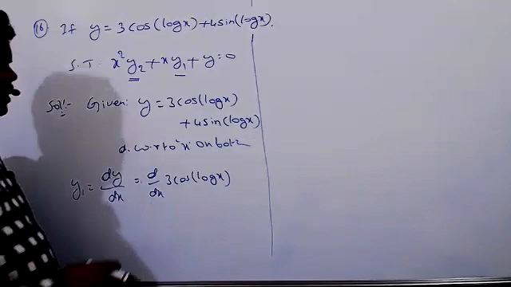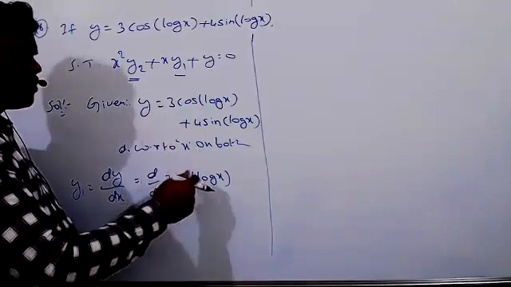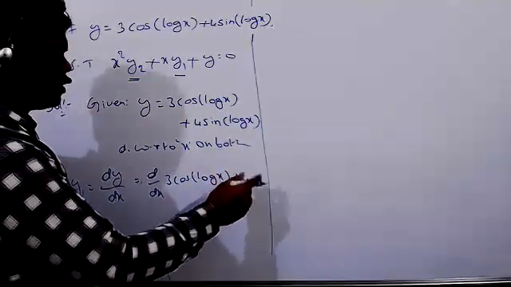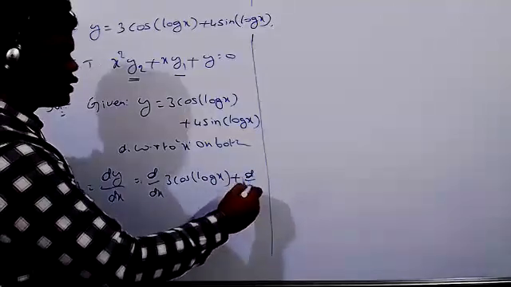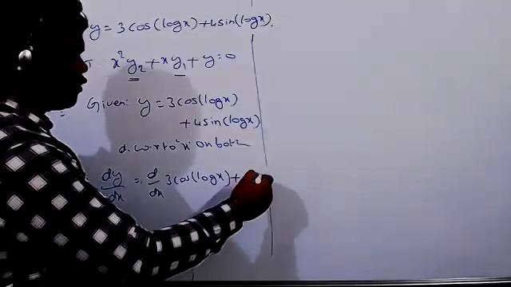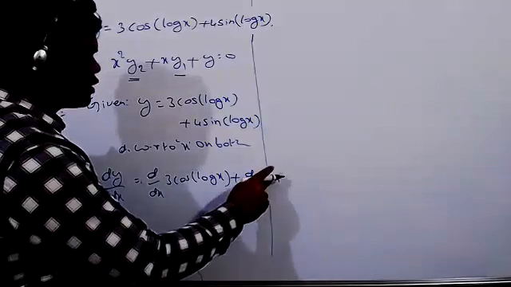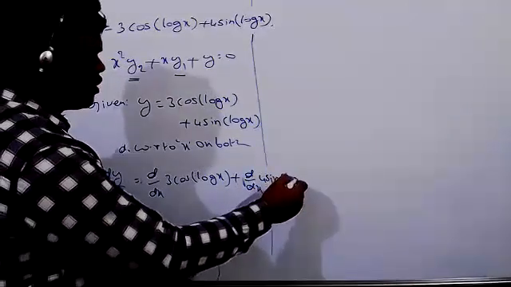dy by dx of 3 cos of log x plus dy by dx of 4 sin of log x.